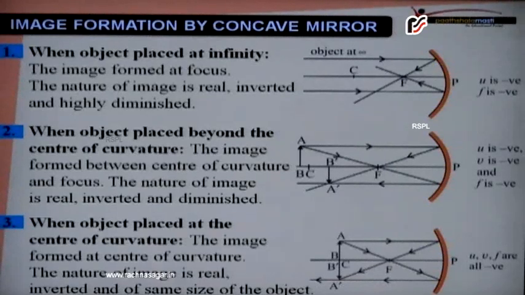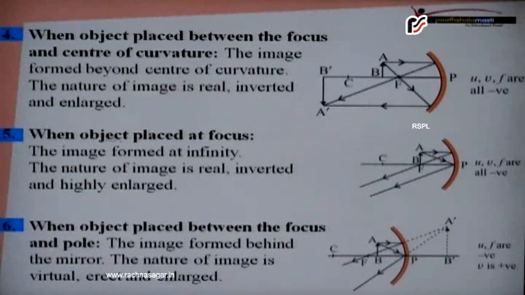The image is again formed at C. That is, the image and object are both at the same point. The image is real and inverted, and the size of the image is the same as the size of the object.